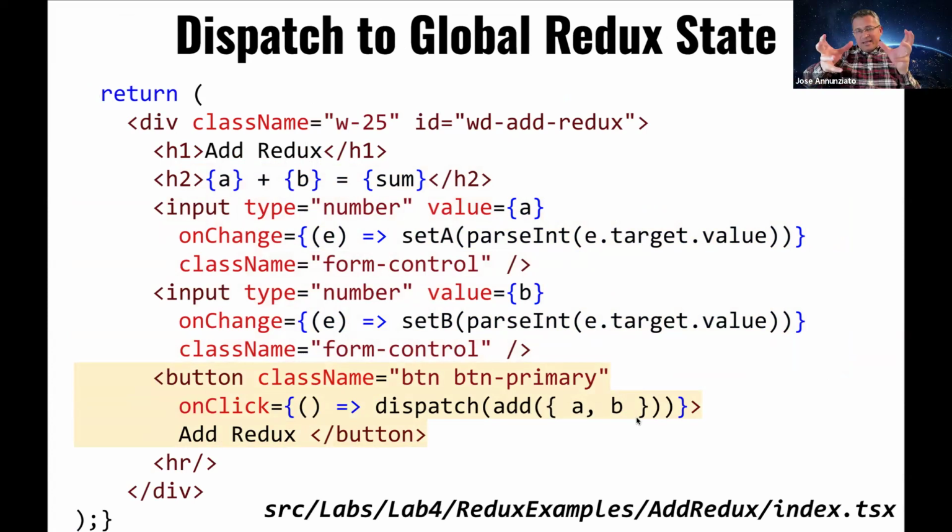See, it's collected as an object, a colon a and b colon b. So we're passing the values of a and b, with parameter names a and b. And then on the reducer side, we unwrap it from the payload, and then we do the add, we update the sum, and the whole thing just re-renders with the new sum, right?